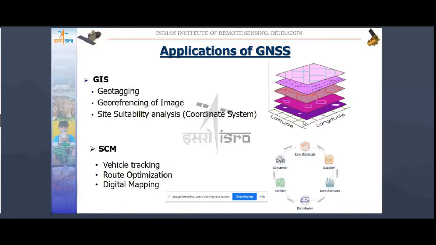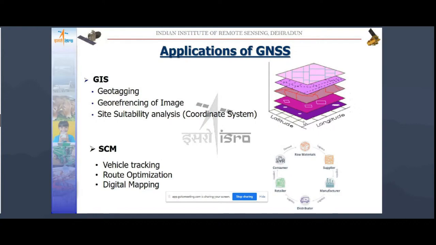So what is navigation? It is the science of charting one's own route from point A to point B with respect to known references, both in the spatial as well as the temporal domain. And what is positioning? It is the science of determining one's own location in a known reference frame.